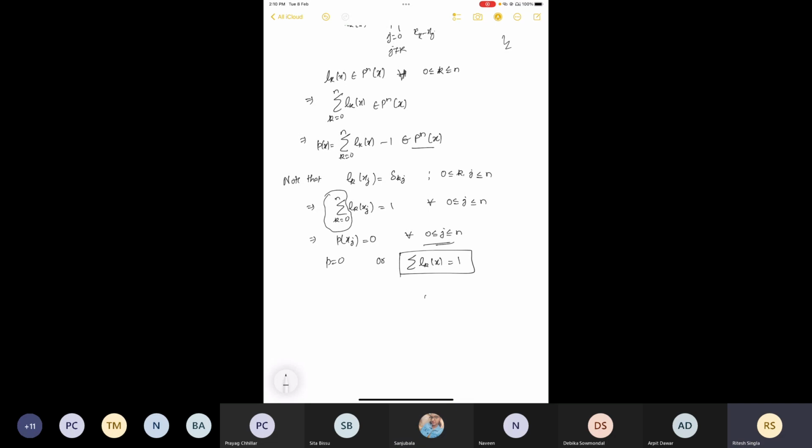So have you read question number 2? It is just another representation of Lagrange's interpolation. If you solve this, then it is just another representation of Lagrange's interpolation of n plus 1 points.